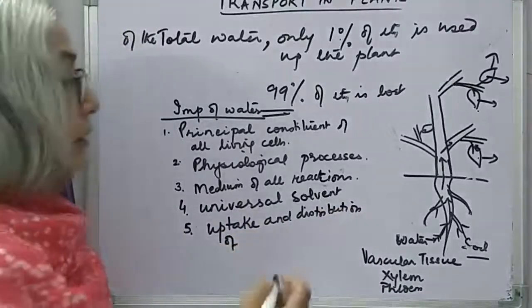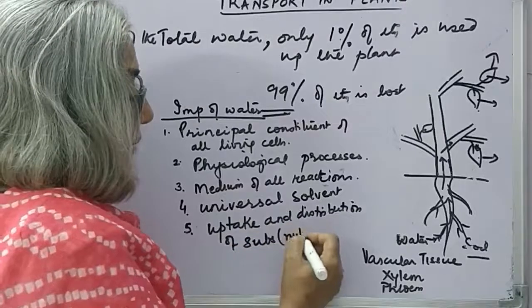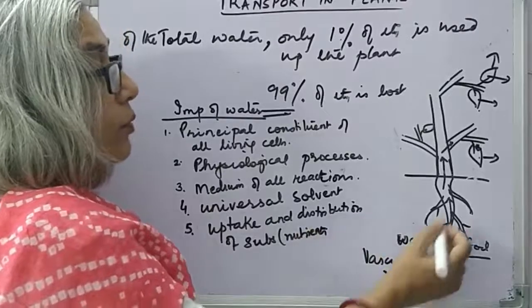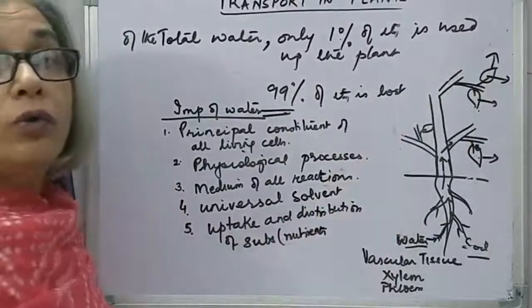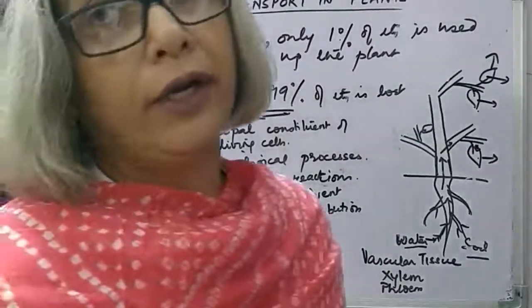So all the substances, nutrients that are needed by the plant body are absorbed with water and are distributed throughout the plant. So water is very important.